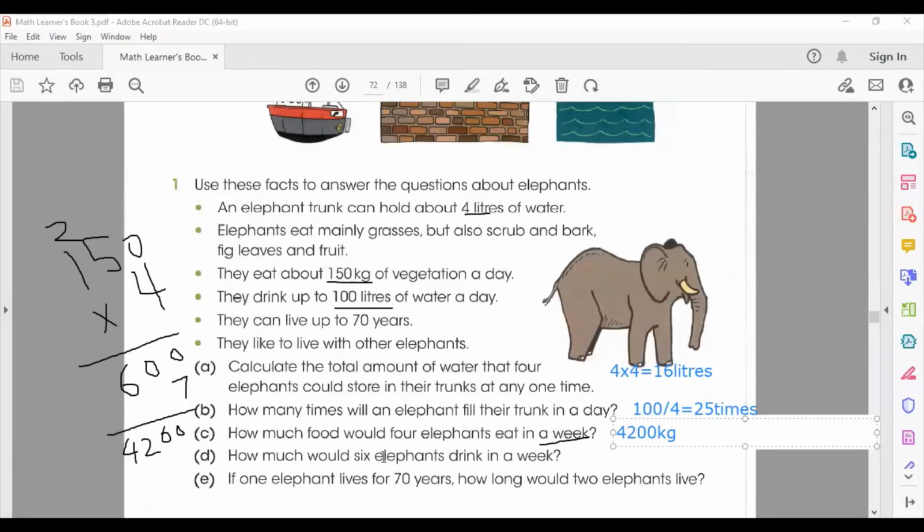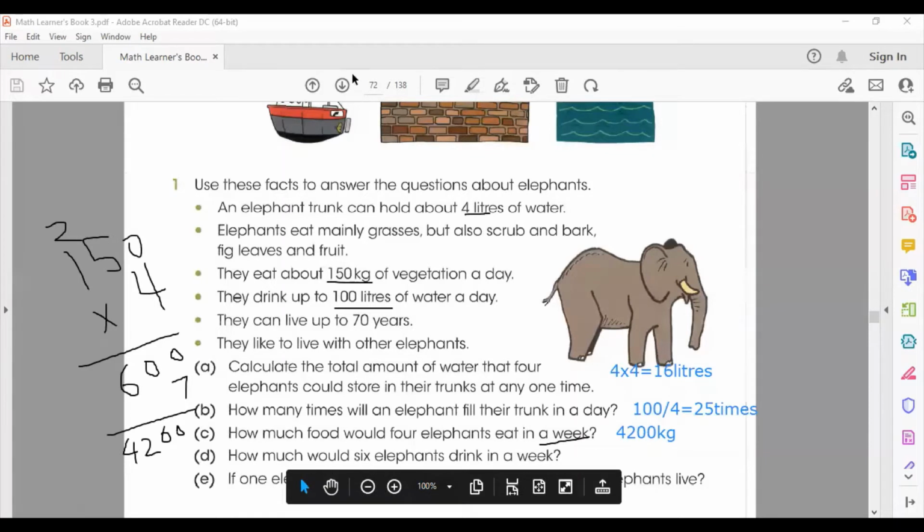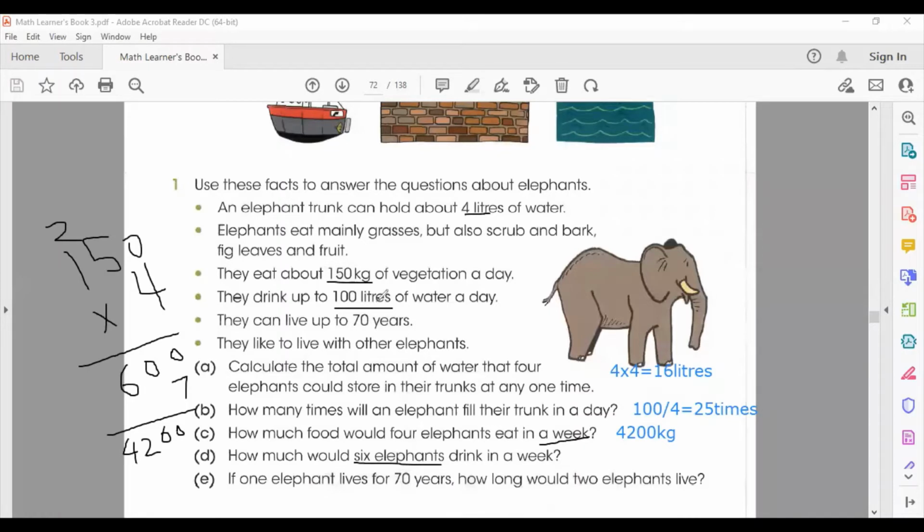If you are talking about 6 elephants, 1 elephant can drink 100 liters of water in one day. So 6 elephants, obviously 600 liters of water in one day. But now we are talking about a week. So very easy, multiply by 7. So it is equal to 4,200 liters.